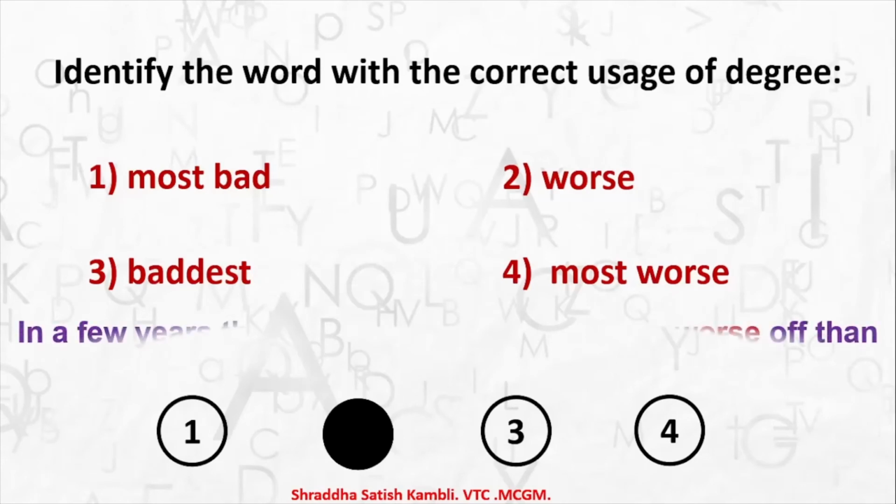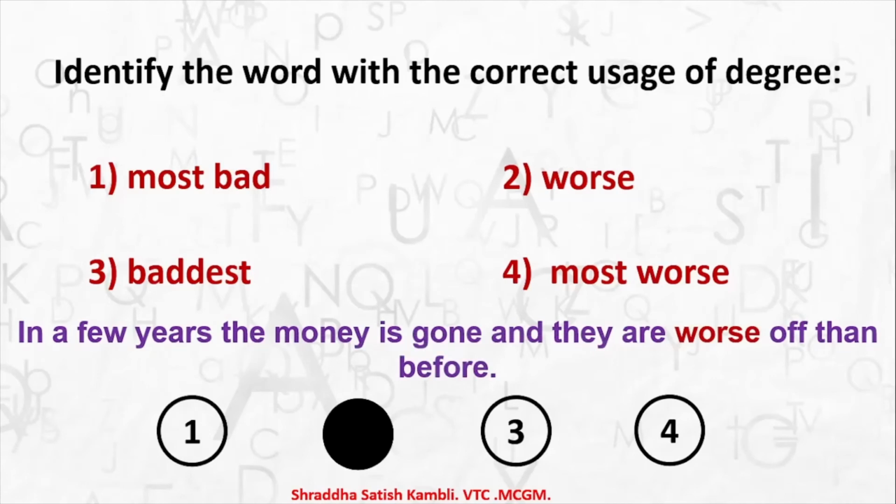It is, in a few years, the money is gone and they are worse off than before. Bad, worse, and worst. Okay, you don't say bad, badder, baddest. So that is wrong. Most worse is also wrong. So it is bad, worse and worst. So the other three are wrong.